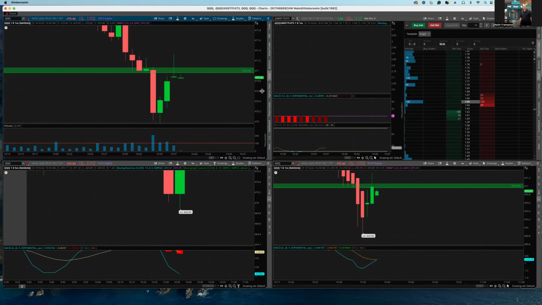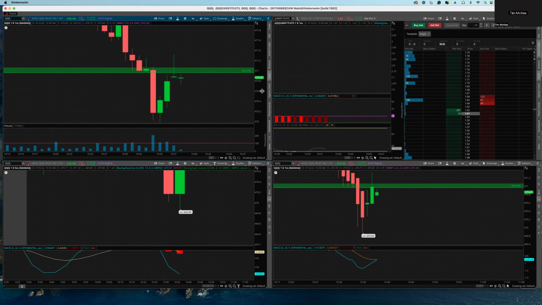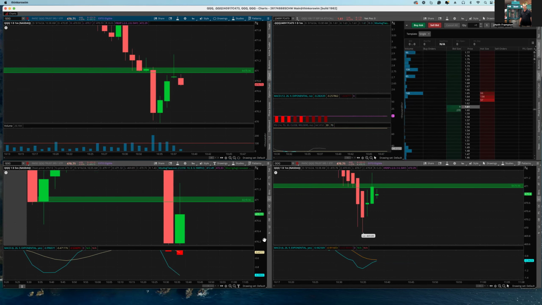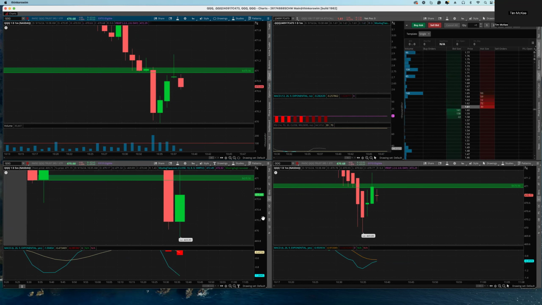Well, looking at it, it struggled getting across that zone. If this stays where it is for another minute, we'll move the demand zone down, and that'll be an intermediate zone.